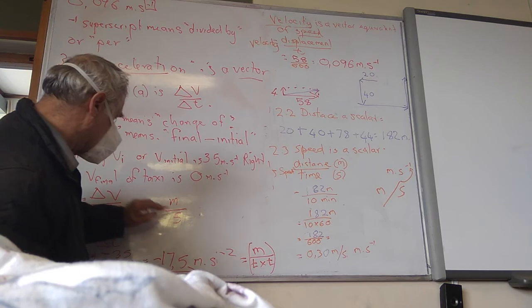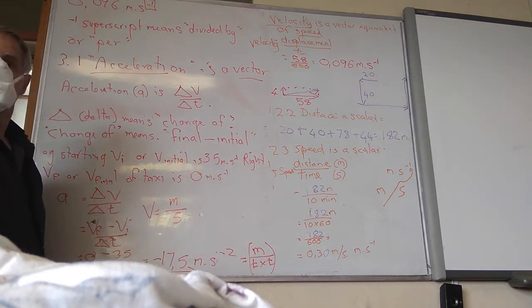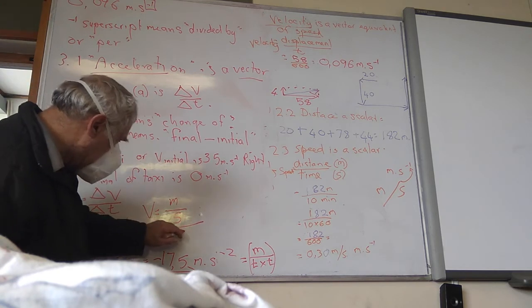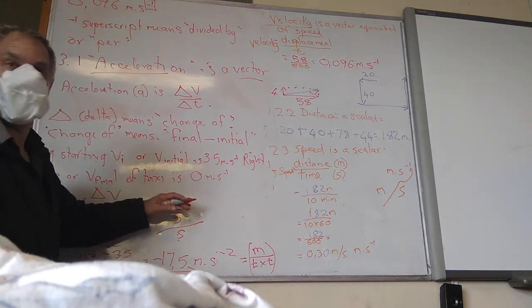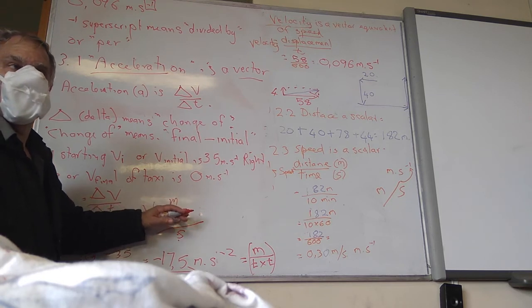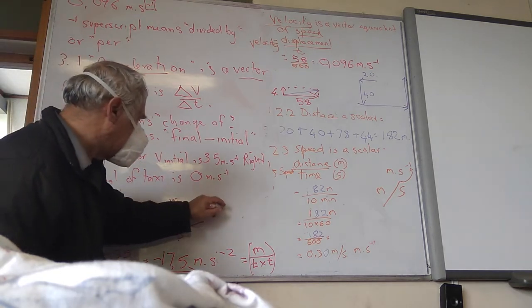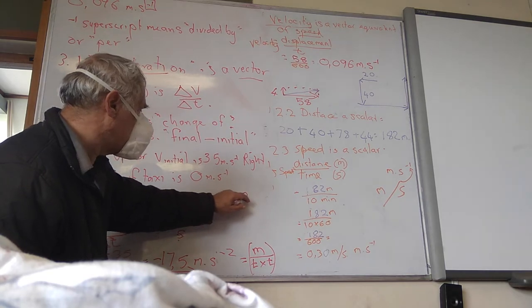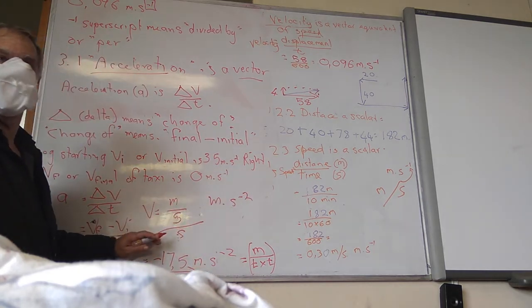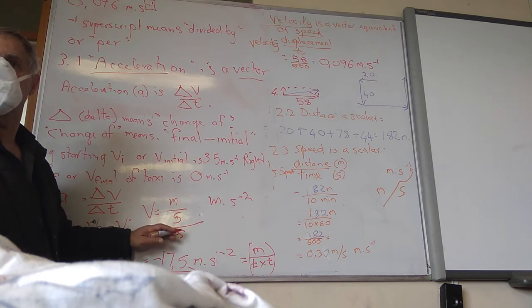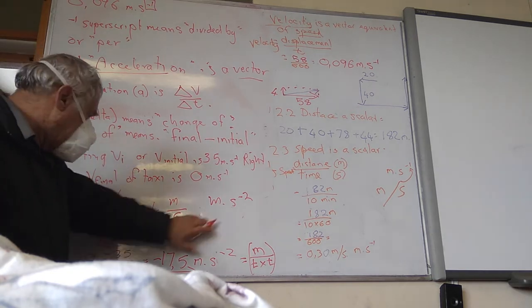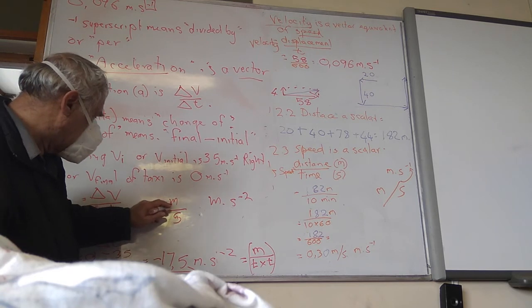But that divided by time again means there are 2 seconds below the m. So that means meters, seconds to the minus, there are 2 denominators in seconds. And that is why velocity is meters, 1 divided by second, second to the minus 1.